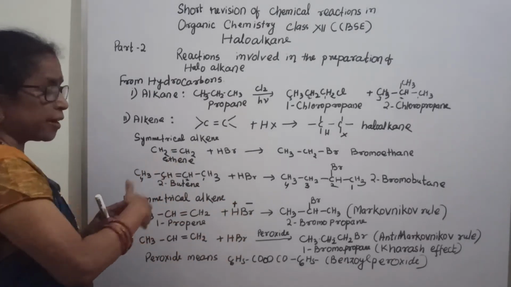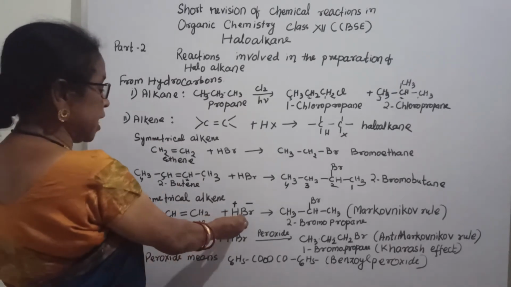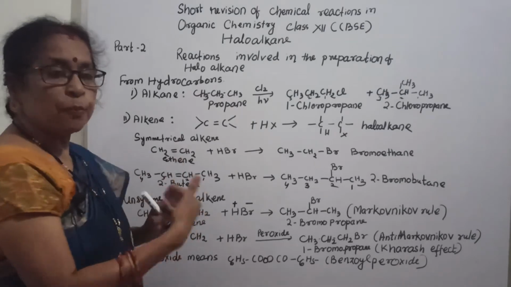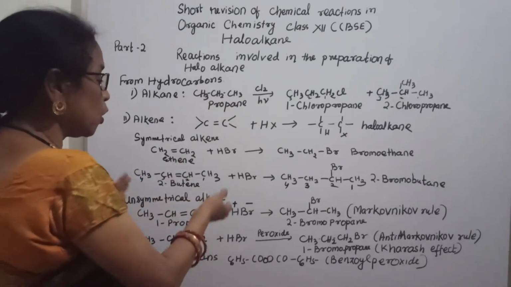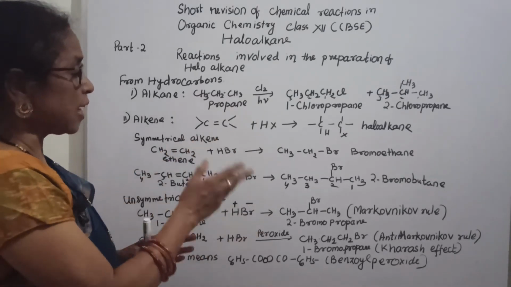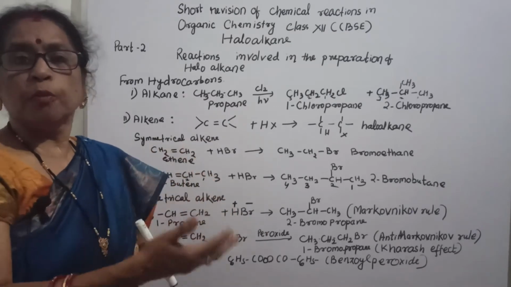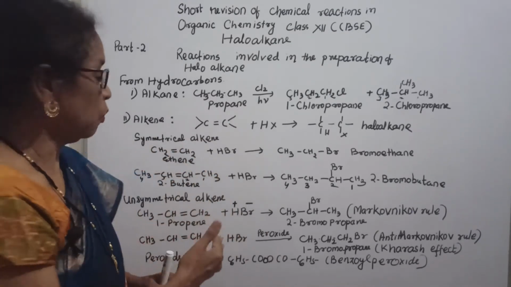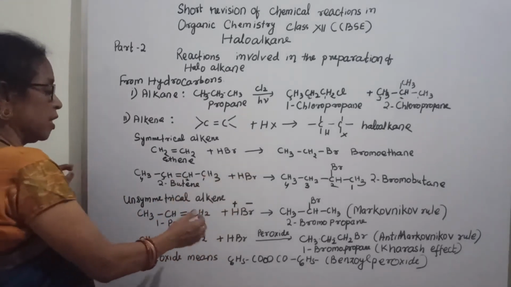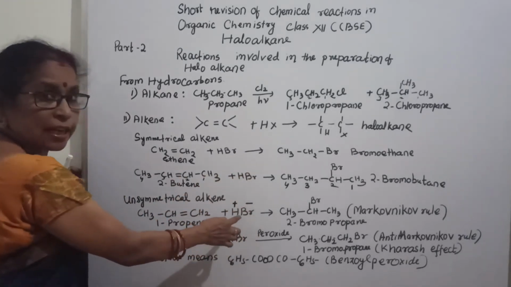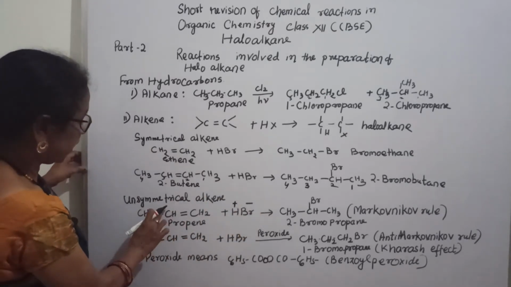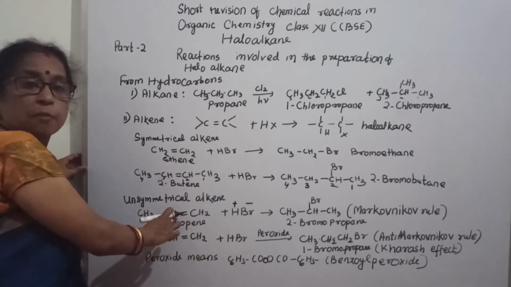When an unsymmetrical alkene is there and HBr is adding, there is some type of problem: what is the product, 1-bromopropane or 2-bromopropane? So the scientist Markovnikov proposed a rule, called the Markovnikov rule. He said the negative part, bromine here, will go to the carbon which contains the least number of hydrogen.